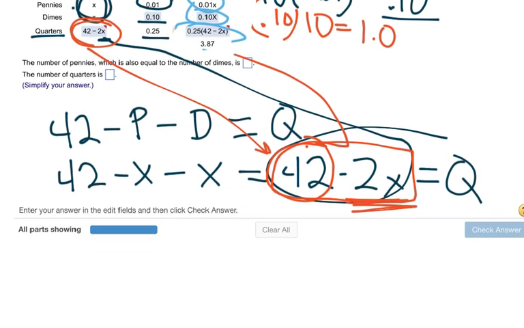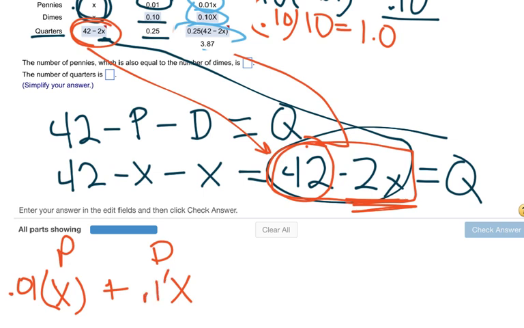So we're going to take that down here and say I've got, I don't know how many pennies, but I do know that I would times that by 0.01. And then I would add that to how many dimes I have, and I don't know how many dimes I have, but I do know that the amount is X, and then I would times it by 0.1.